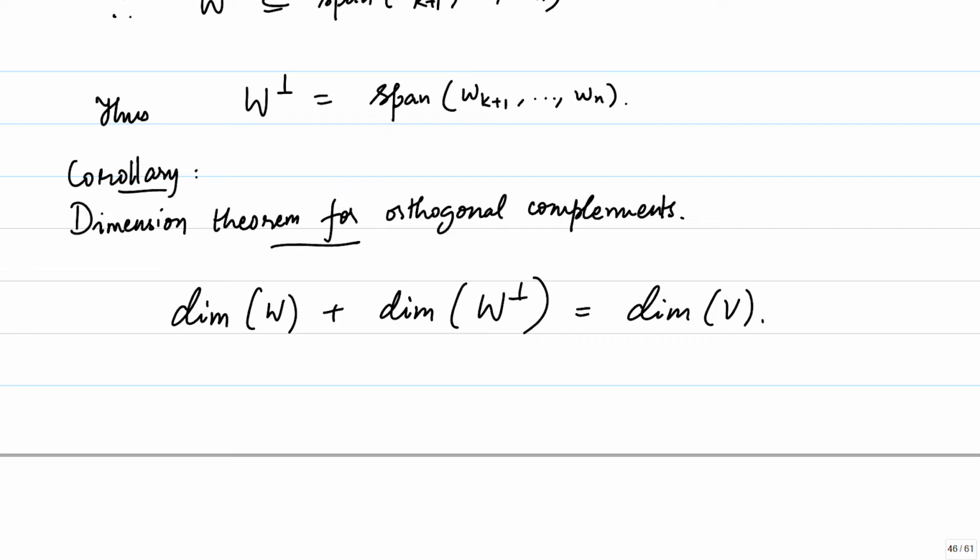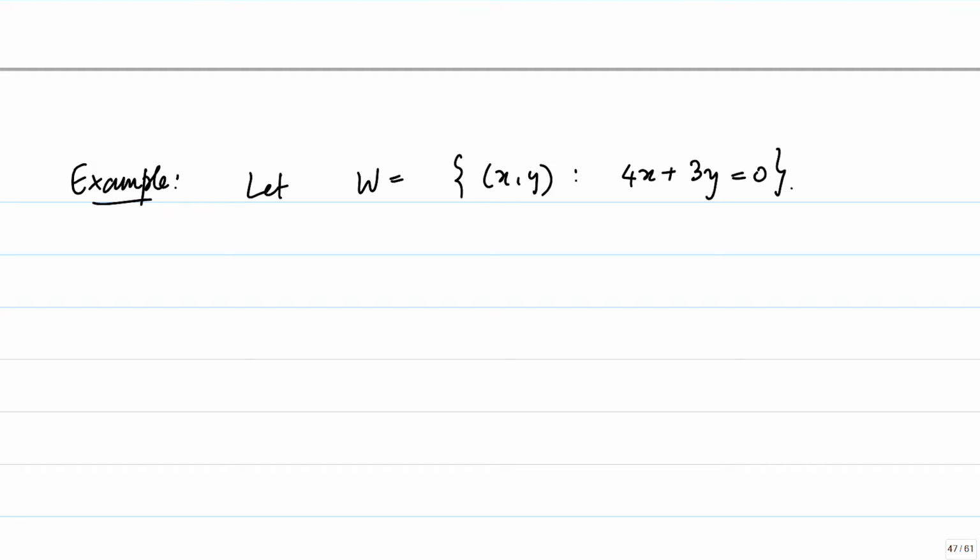Let us now look at a few examples. So, let us look at an example in R2. Let W be equal to the set of all (x, y) such that 4x plus 3y is equal to 0.